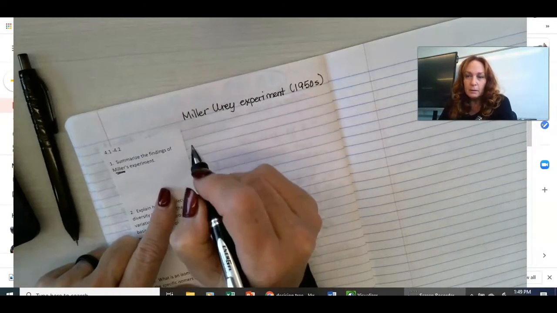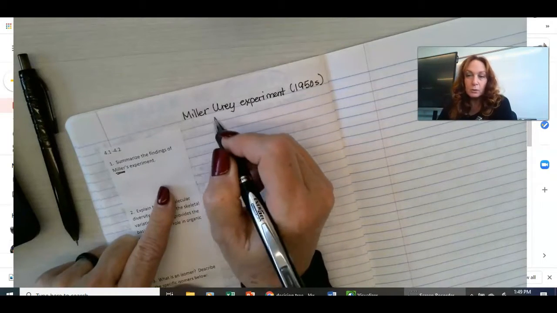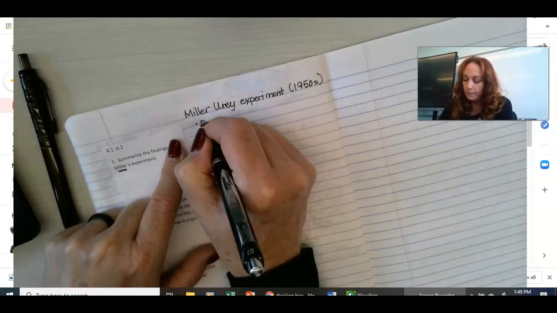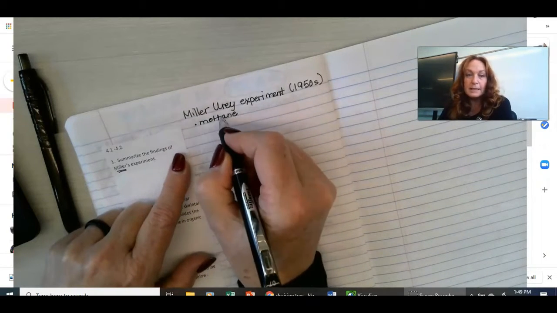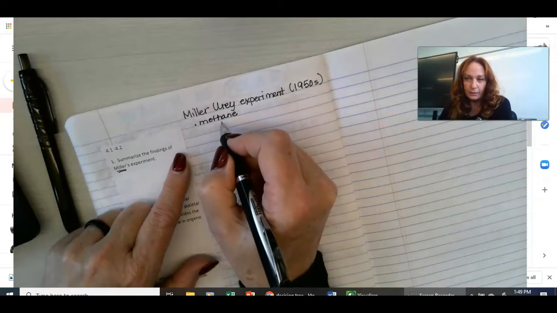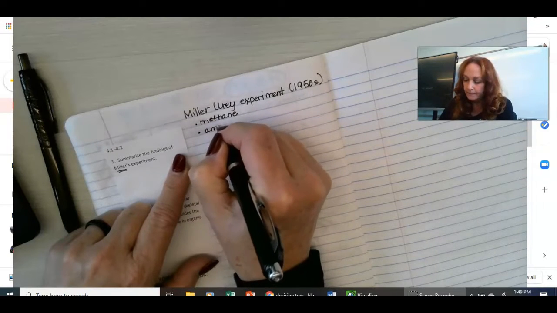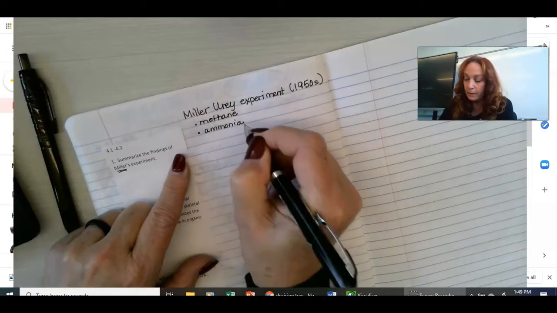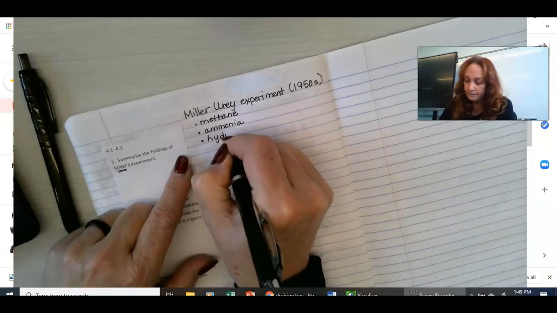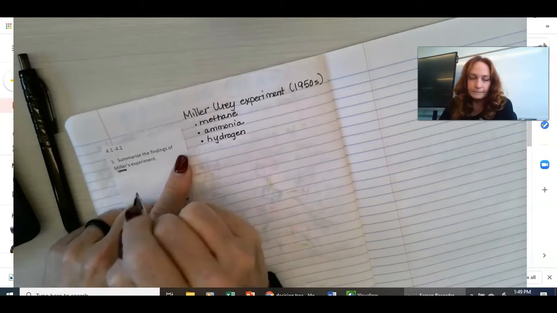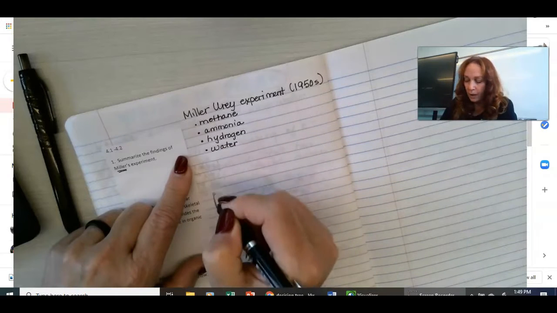So the question that was asked was this. Originally, we had in the atmosphere and on the planet, the conditions originally were methane, not the most pleasant, but the simplest carbon, hydrogen, so hydrocarbon molecule. You had ammonia, so that would be a source of nitrogen, and hydrogen, and water being a source actually of oxygen.